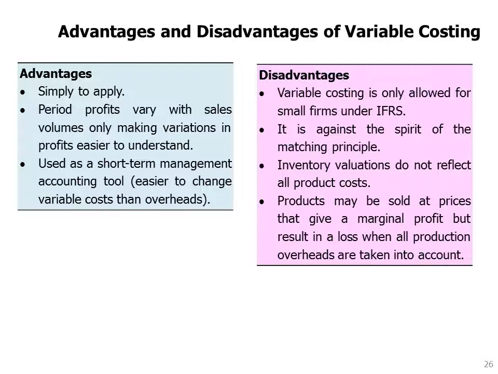Disadvantages: variable costing as an accounting method is only used for small firms under IFRS, and it's against the spirit of the matching principle. And inventory valuations are understated; they don't reflect all product costs, and it may be that it encourages the sale at prices that give a marginal profit, but result in a loss when all production overheads are taken into account.